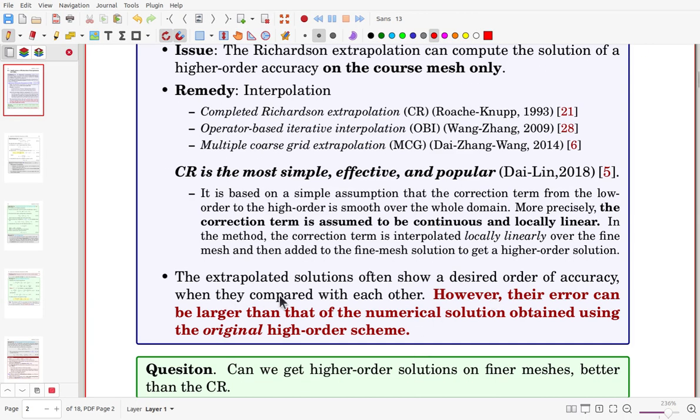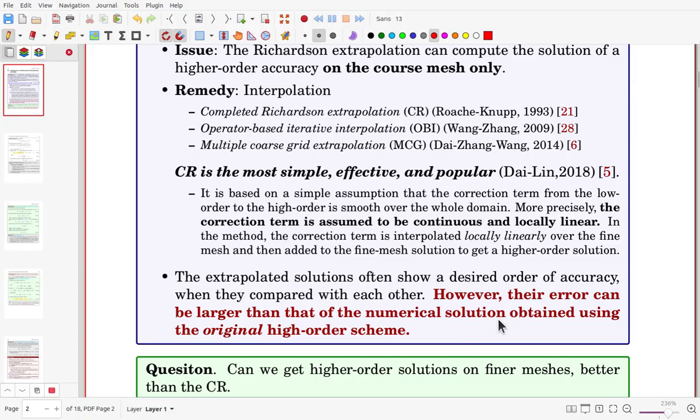And the extrapolated solutions often show a desired order of accuracy when compared with each other. However, their error can be larger than that of the numerical solution obtained using the original high-order scheme.